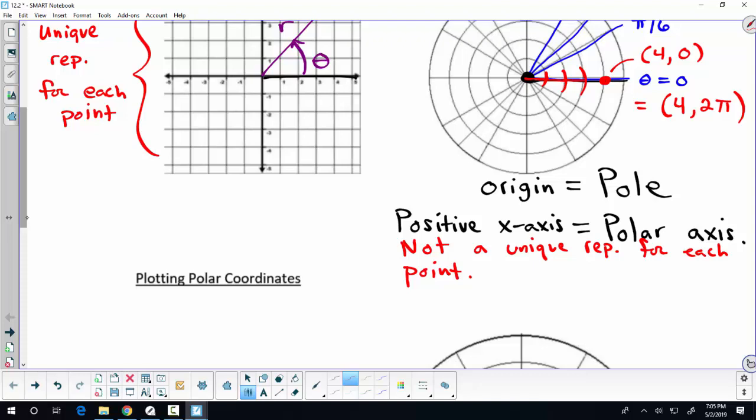But since there isn't a unique way to represent the same point in polar, when we express a point from Cartesian to polar, all of you could have different answers and still be correct. But if we go from a point in polar to a point in Cartesian, all of you would have the same answer.